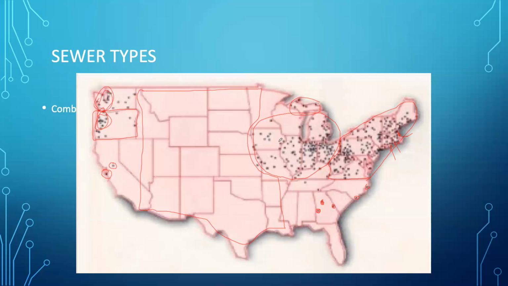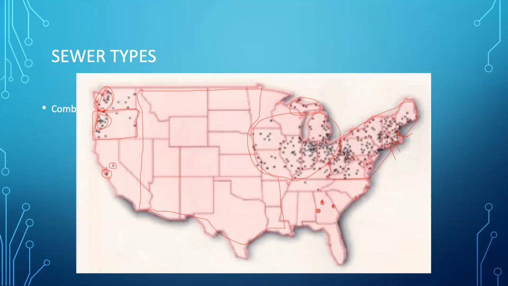So the Pacific Northwest, the Atlantic Northeast, and the Mississippi and Ohio River valleys are the last remaining combined sewer systems in the United States. And these generally are in relatively old cities. And the reason they haven't been entirely replaced is it's simply not cost effective.